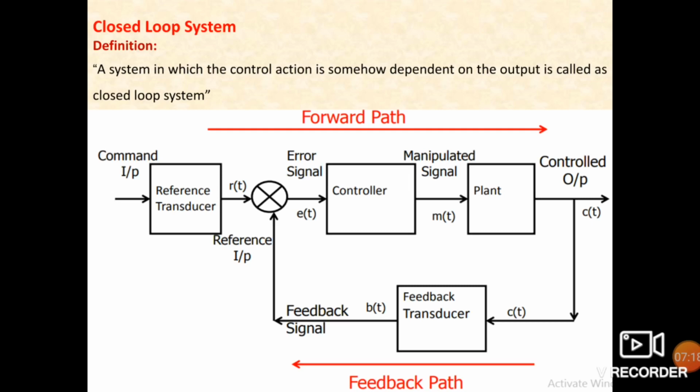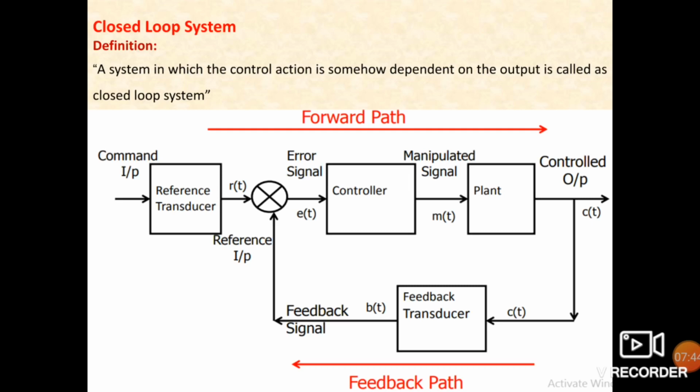Initially, while turning on the electric iron, there will be less heat given to the cloth. Over some point of time, the cloth may get overheated. So to regulate the amount of heat supplied to that cloth from the electric iron, we will have a feedback transducer.